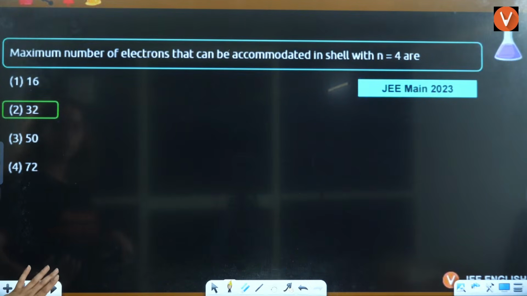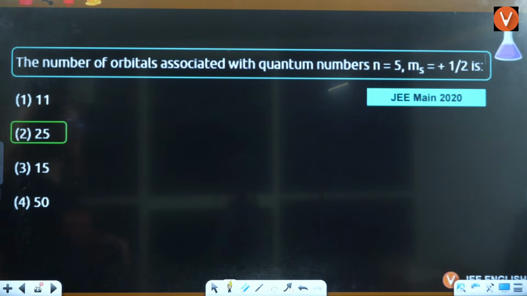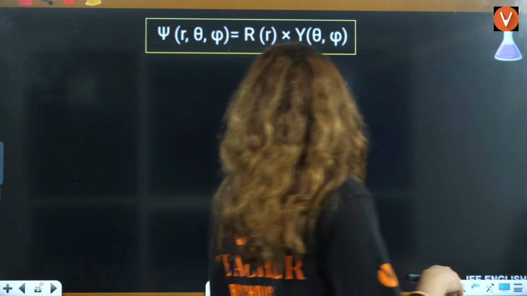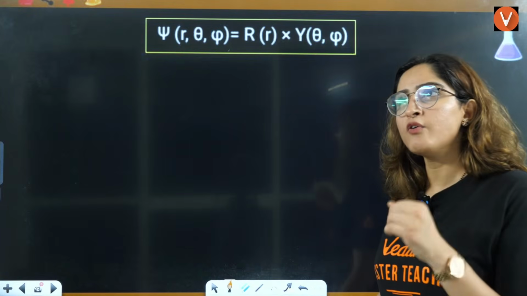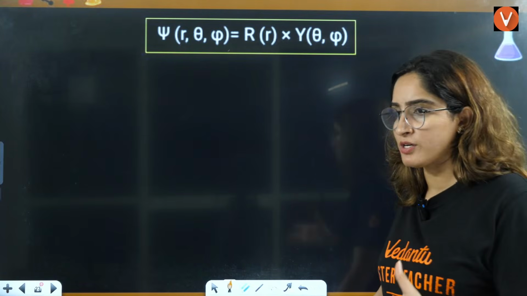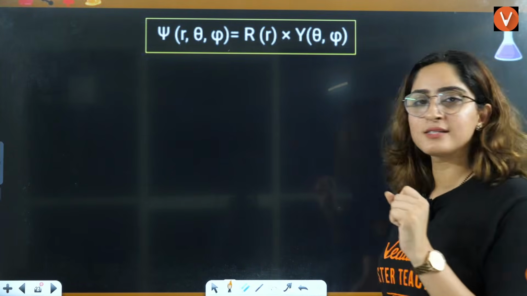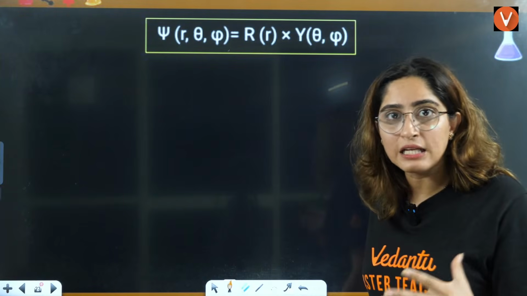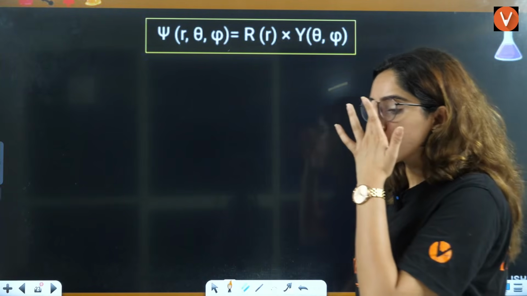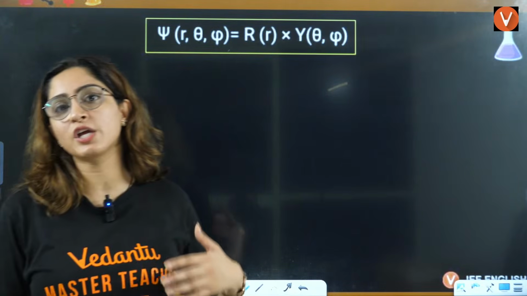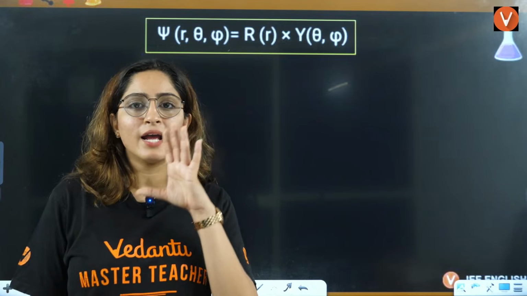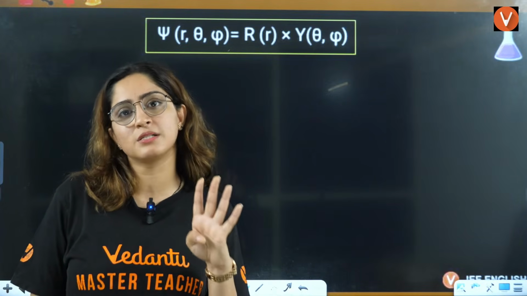Now, let me introduce the next topic, that is very important. Now we are moving deep diving towards it. Okay, so let's understand what is r, what is theta, what is phi. This wave function, the solution of which gave us the quantum numbers, actually has three variables in it.